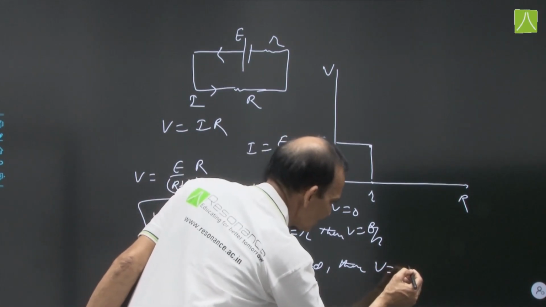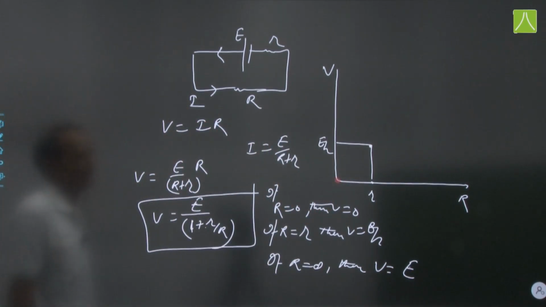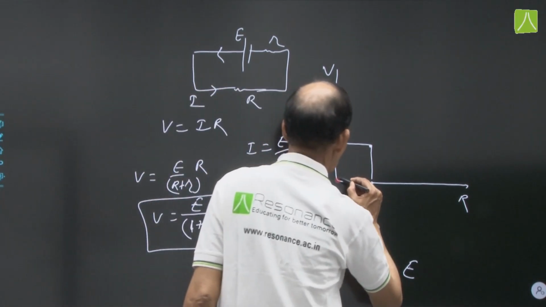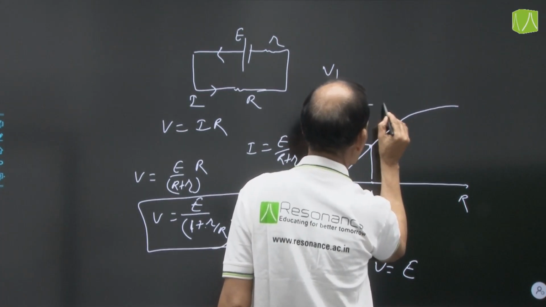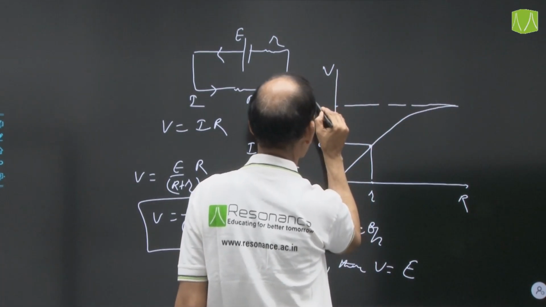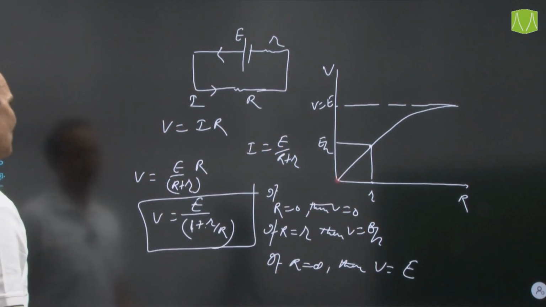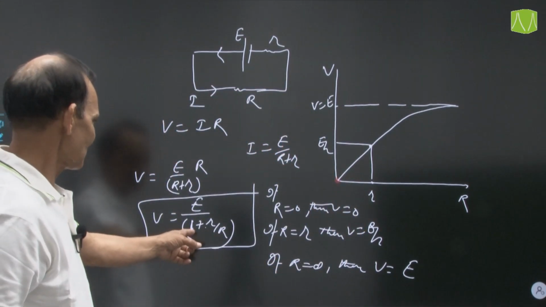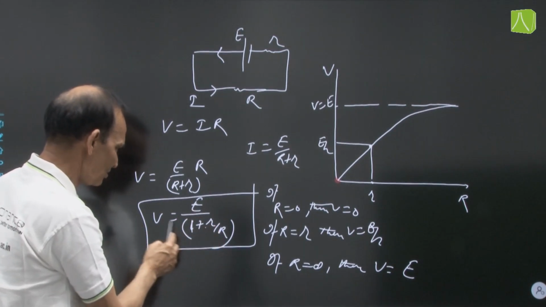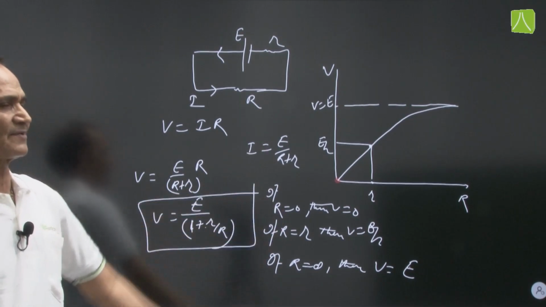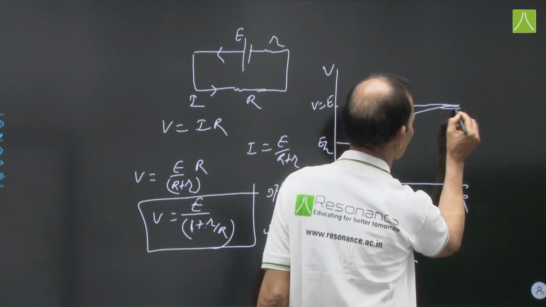So it will be only E. The shape of the graph will be in this way. It is E, it becomes parallel. Capital R is equal to infinite, and it is only E, r upon infinite is 0, so V is equal to E. So it will be the shape, it will not touch this point, it will increase slowly, this is the shape.